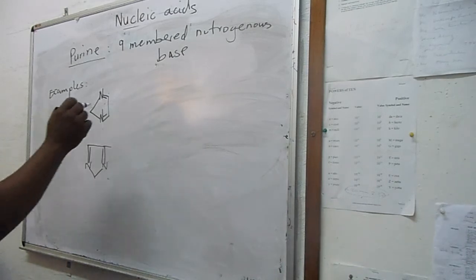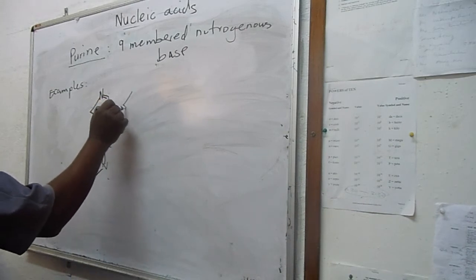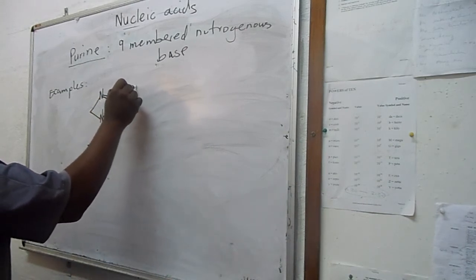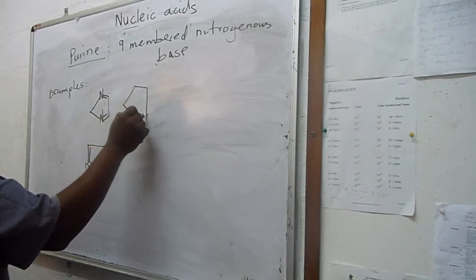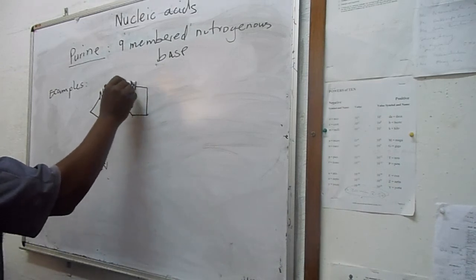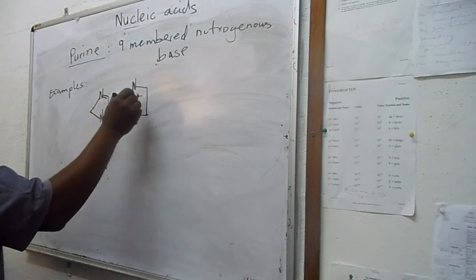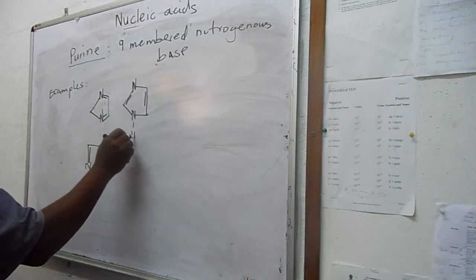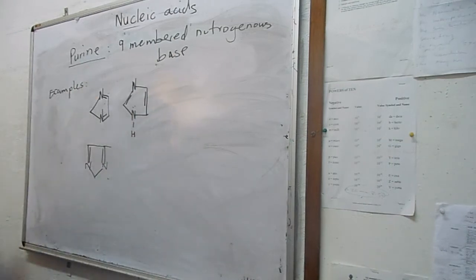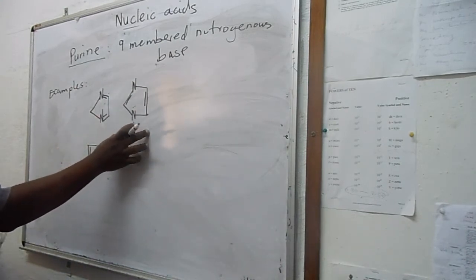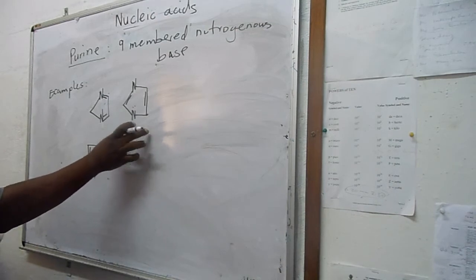Keep in mind that if you want, you can draw this like this. Just want to make sure that you understand what I'm drawing. If I want, I can draw like this, put a hydrogen there. It's still the same structure. But it commonly exists in this form.